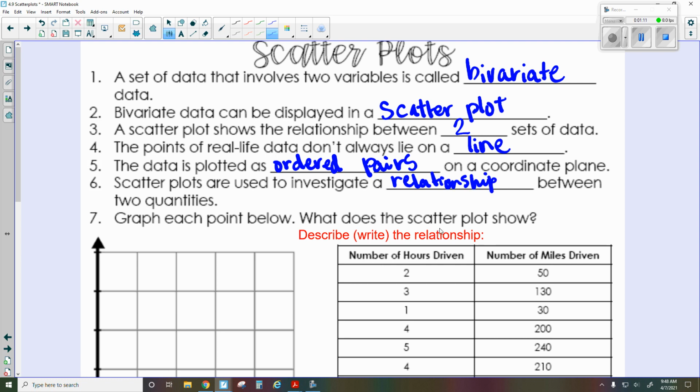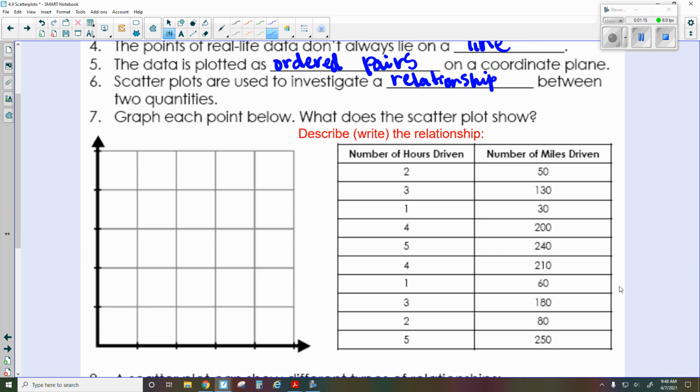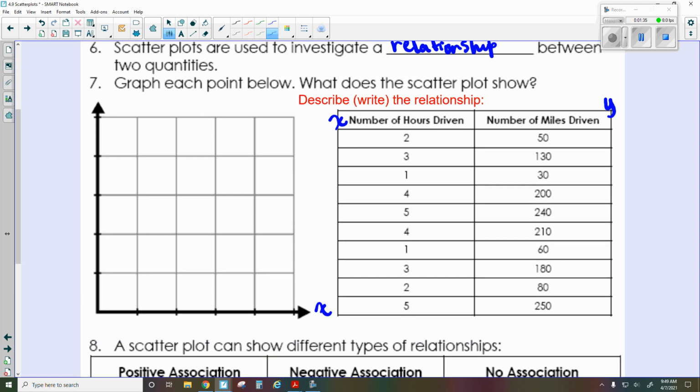Okay, and then we have a table here. We're going to graph each point, and then we're going to be able to see what the scatter plot shows. Let's go ahead and label our graph. So number of hours driven is going to represent your X variable, and number of miles driven will represent your Y. This is your X, and this is going to represent number of hours driven.